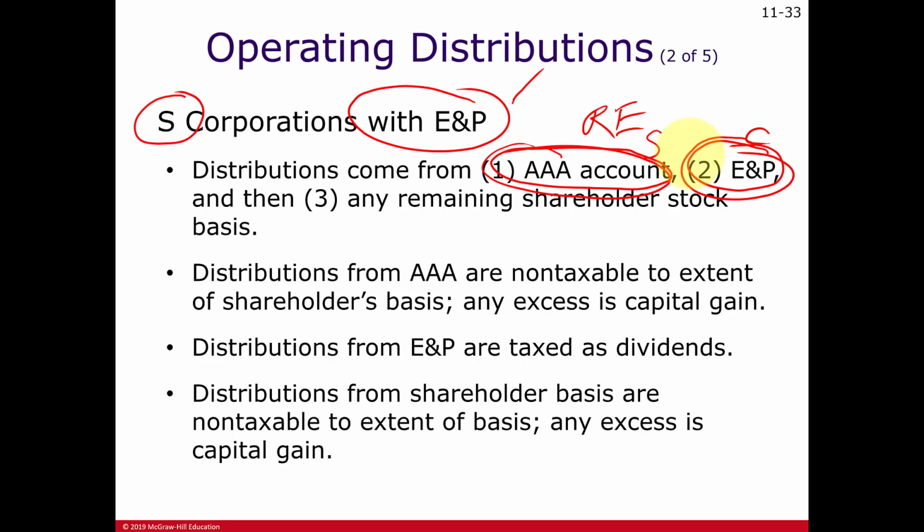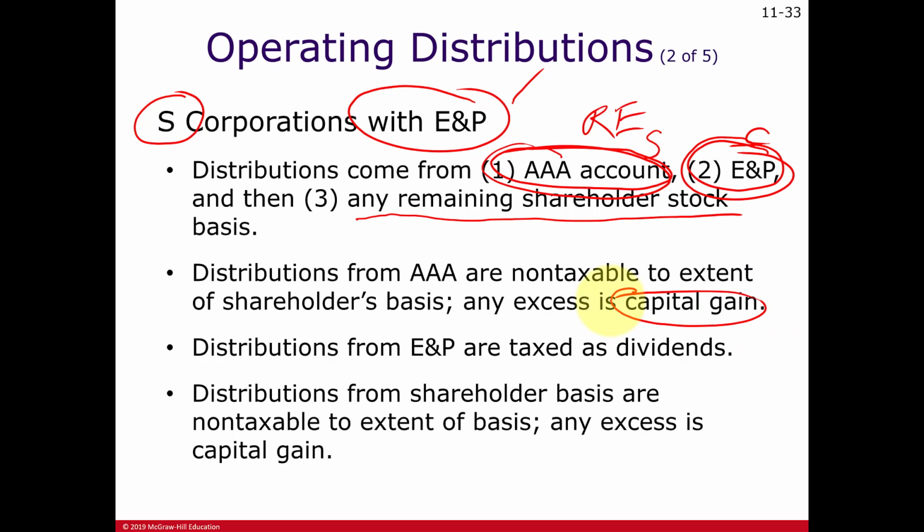And once you use up all of the earnings and profits, only then you start to eat into the basis of the stock. That's the capital contribution or the purchase price of the stock. And once that is all used up, then any excess is going to be a capital gain.